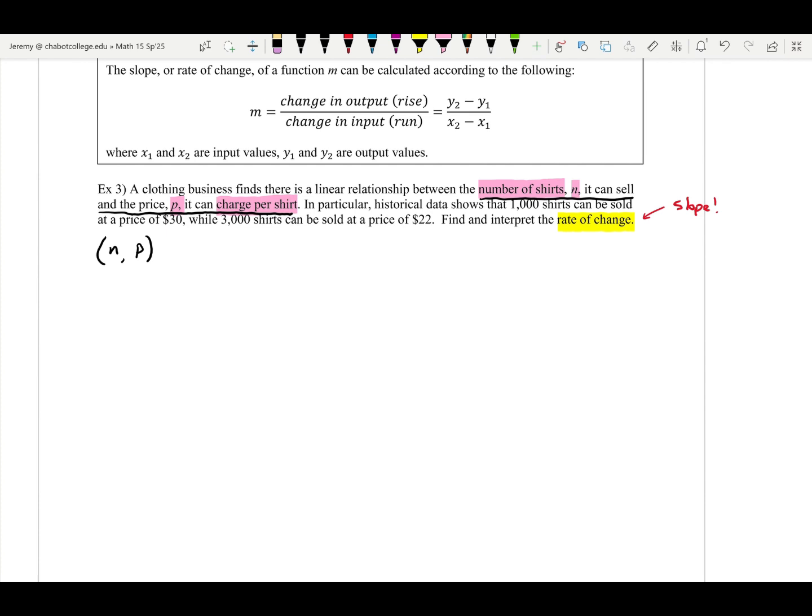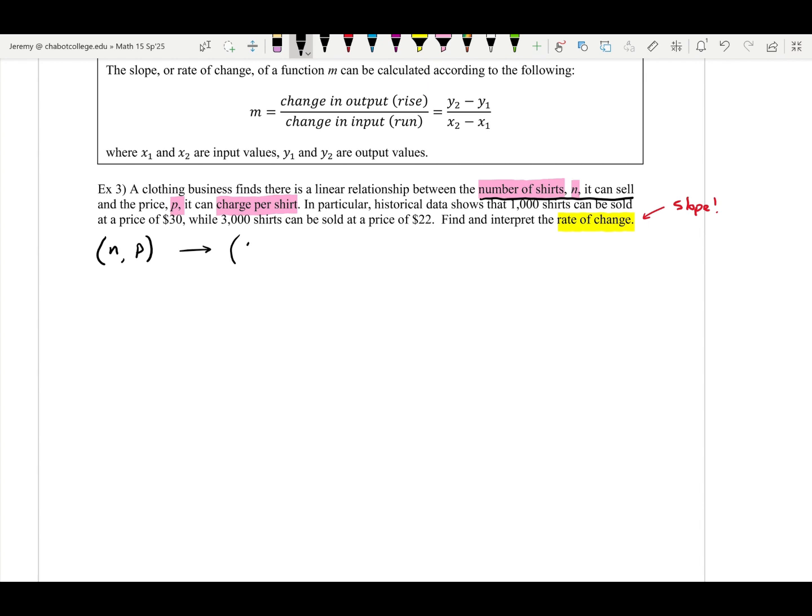Okay, so let's come up with a couple of ordered pairs here. So we should have two ordered pairs. What's the first one? We should be looking at that second to last sentence here. 1,000 shirts can be sold at a price of 30. So what's this coordinate going to look like?